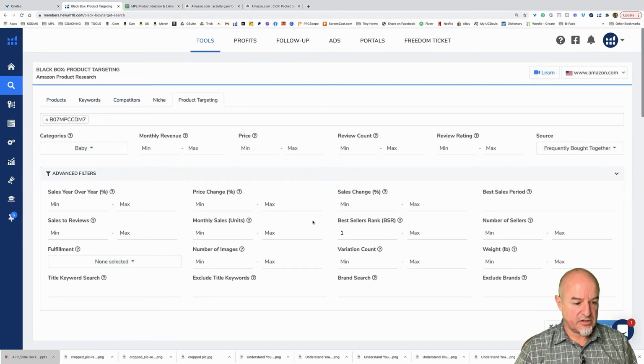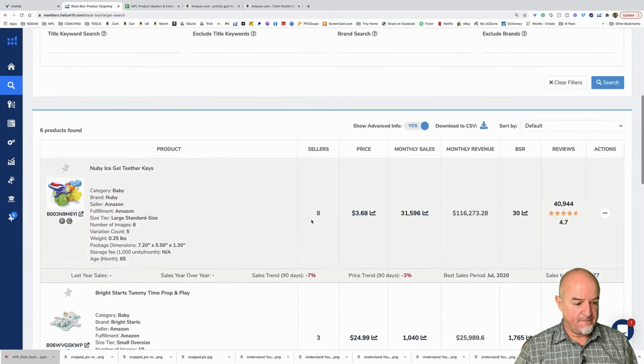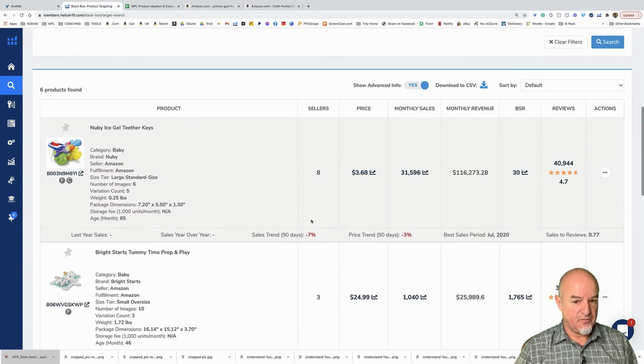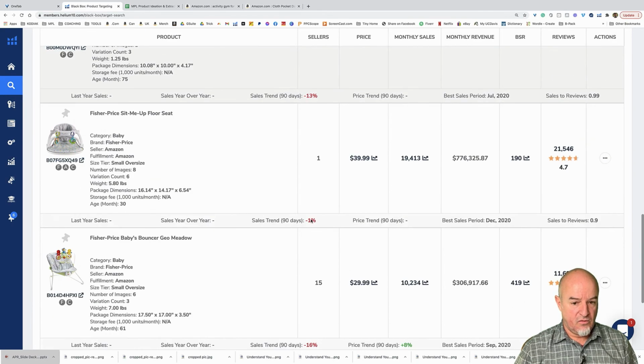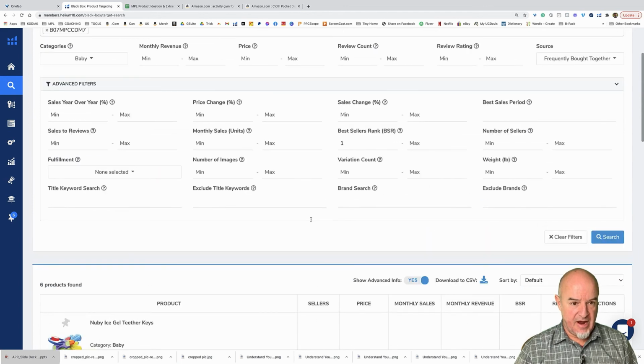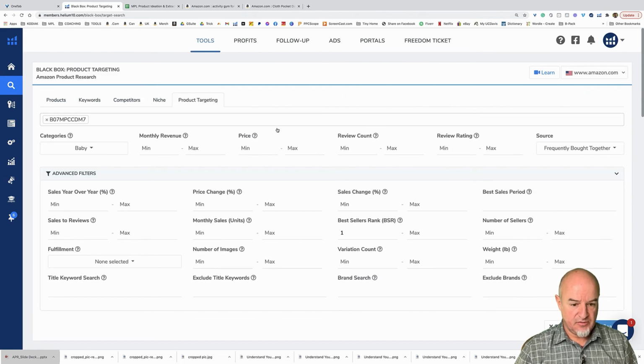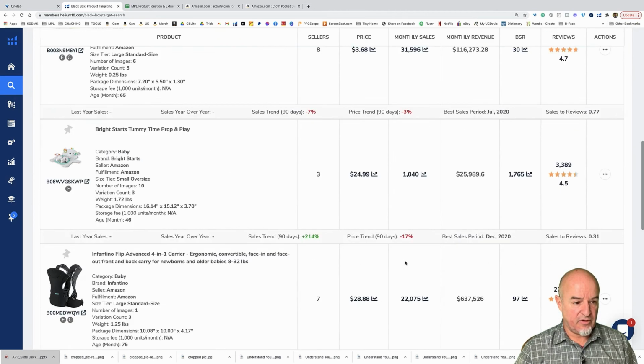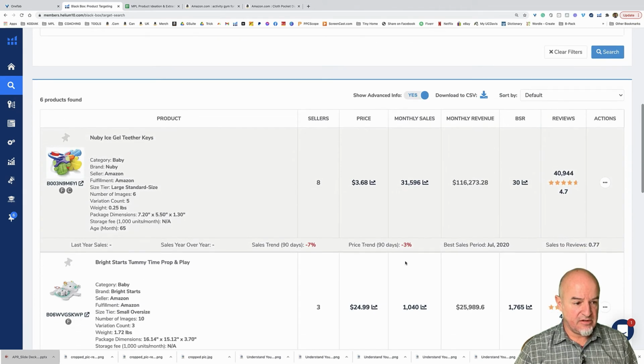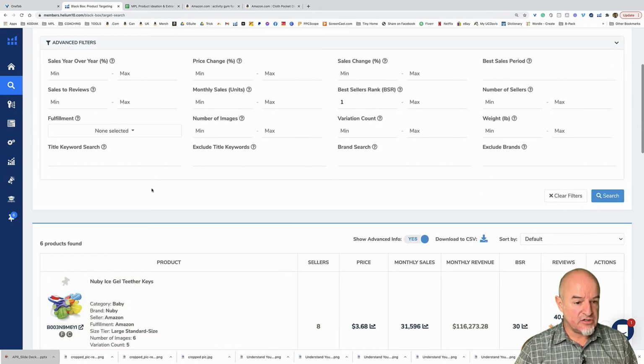6 products found. That's great. So for this product, this playmat that we're pretending is ours, there are 6 products listed that are frequently bought together with it. And so as you can see here, maybe these teether keys go well with the Activity Gym playmat.